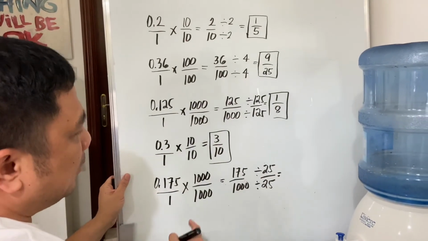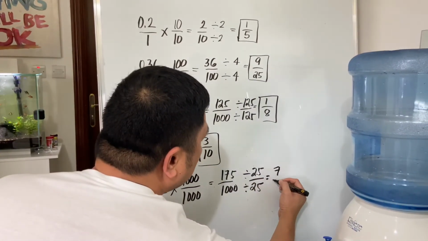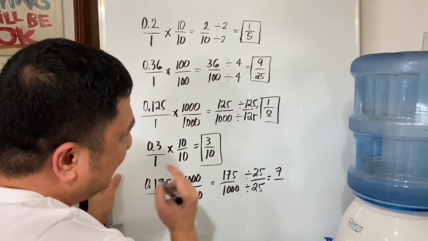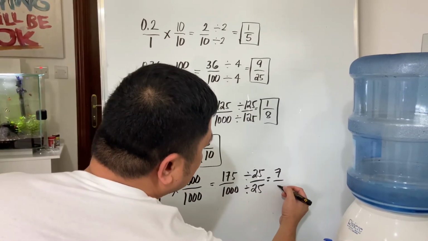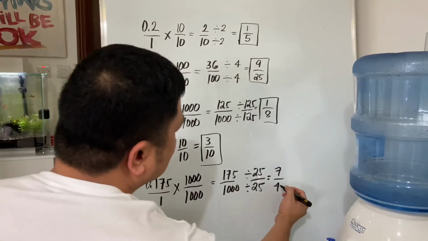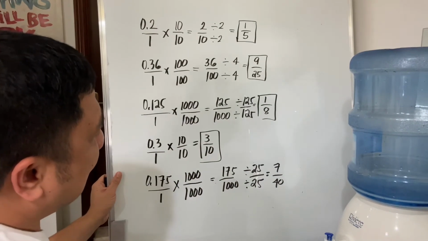So 175 divided by 25 is 7, and 1000 divided by 25 is 40. So that is our answer there.